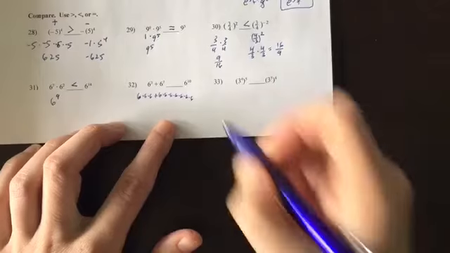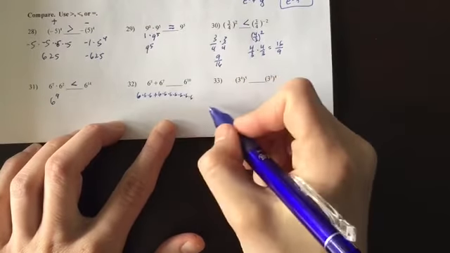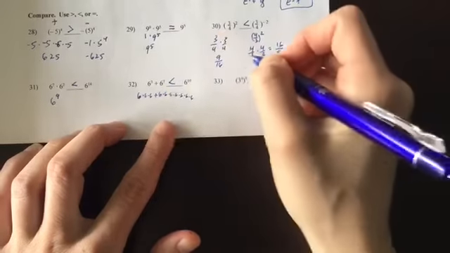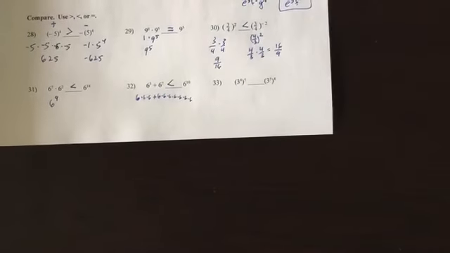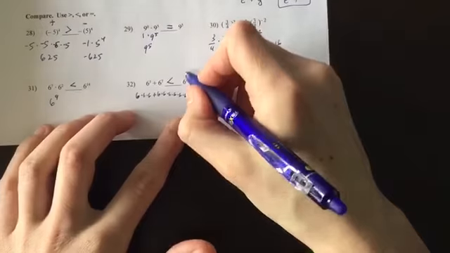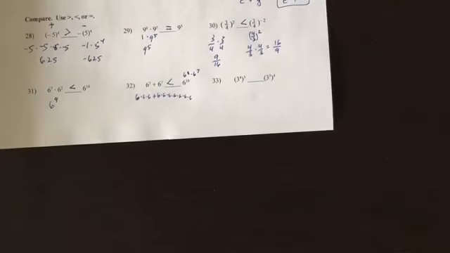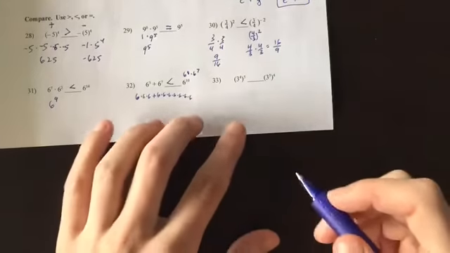Okay? 6 to the 10th is all those being multiplied. With the addition here, that's going to be less than 6 to the 10th. Okay? Because that's 6 to the 3rd times 6 to the 7th, right? Multiplication makes larger faster than addition.